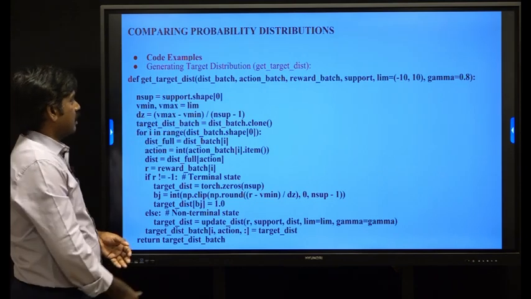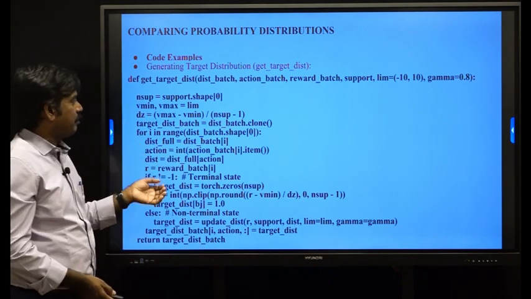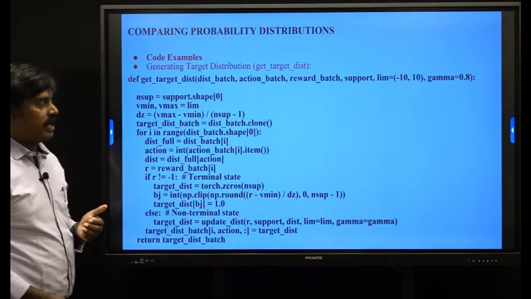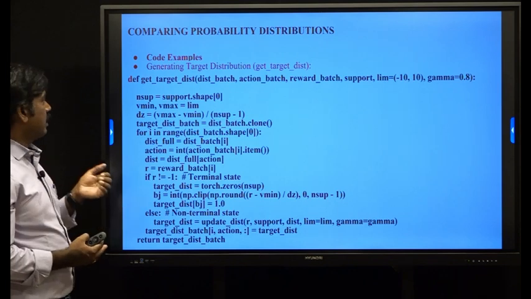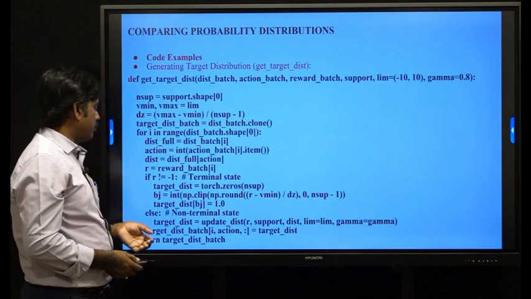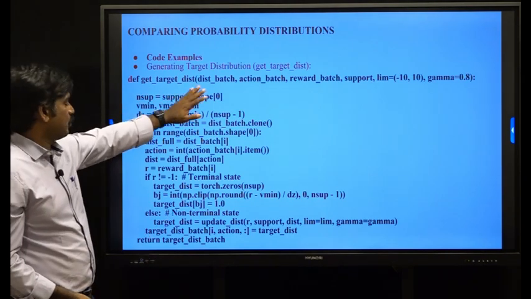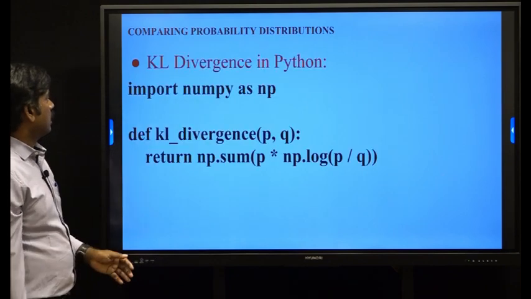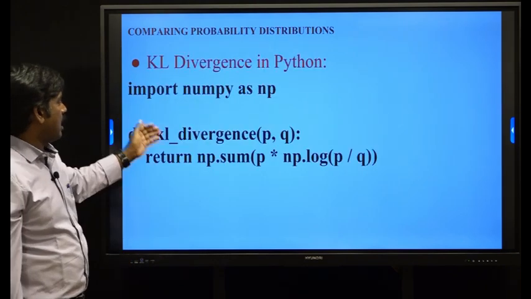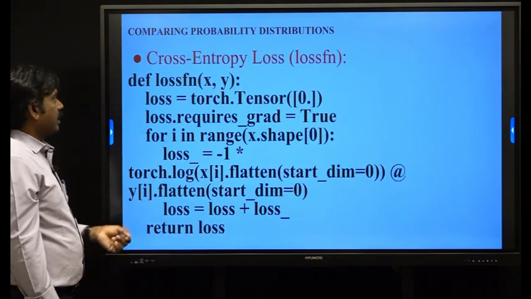The example code has the support values, number of epochs and number of samples. The loss is calculated using this part, the target distribution is generated using this code, and we calculate the KL divergence and cross entropy using this PyTorch code.